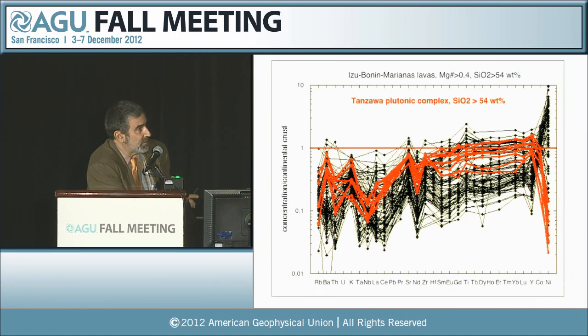And similarly, the trace elements in Izu-Bonin-Marianas normalized to continental crust show this very strong depletion in highly incompatible elements for, again, lavas that are sorted to look like continental crust. And this was a mistake, I would say, in retrospect. But I used to use this slide to say, this is a terrible place to go and think about the genesis of continental crust.